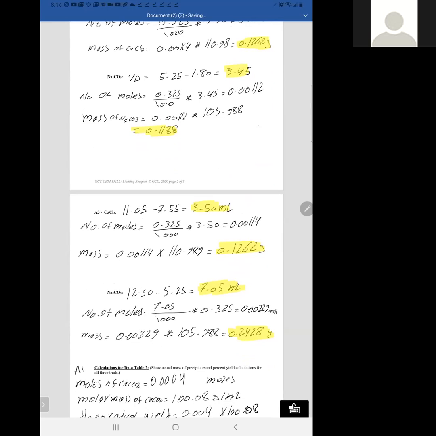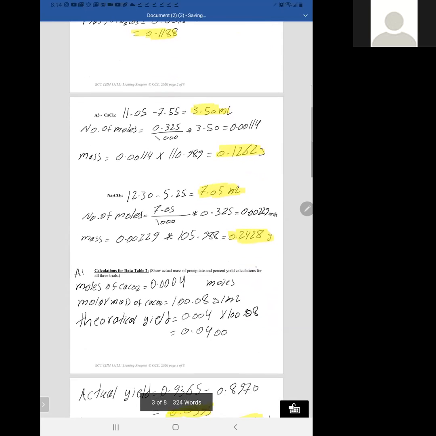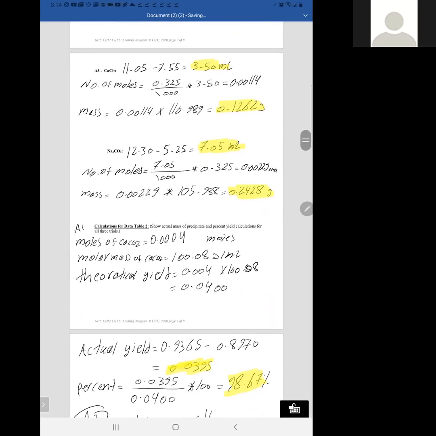And then finally, we have Na2CO3 for A3, and we have 7.05 milliliters. And then we put that through the formula, and we get 0.00229 moles. Multiply that by the molar mass, and we are left with 0.2428 grams. And then that is the end of our calculations for that section.